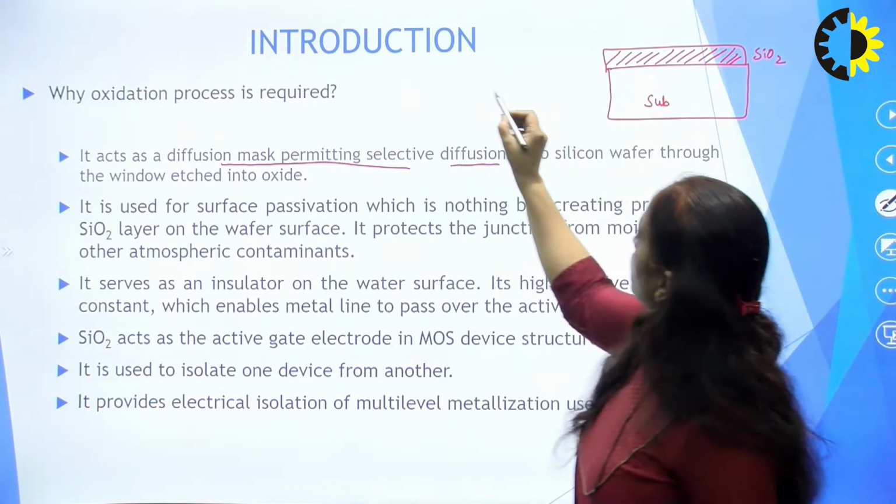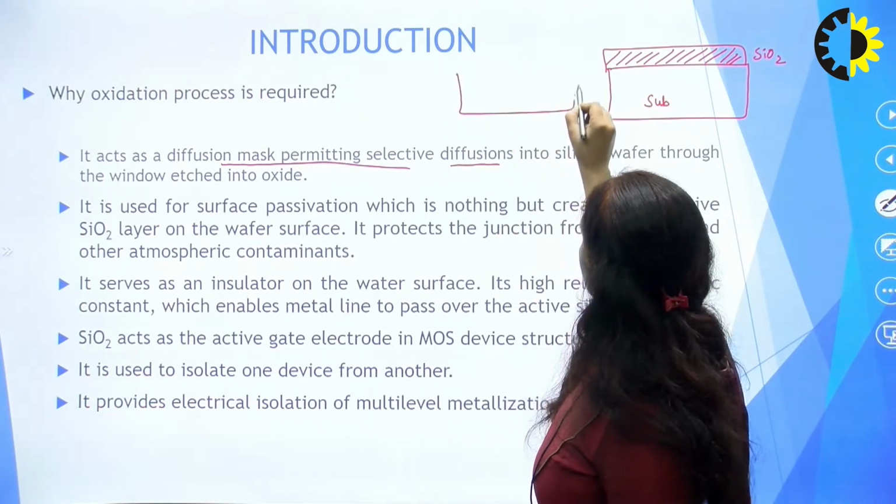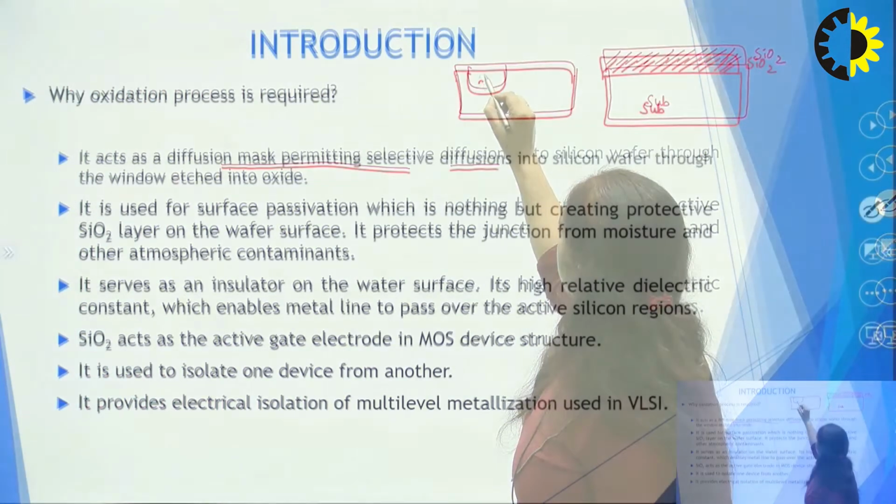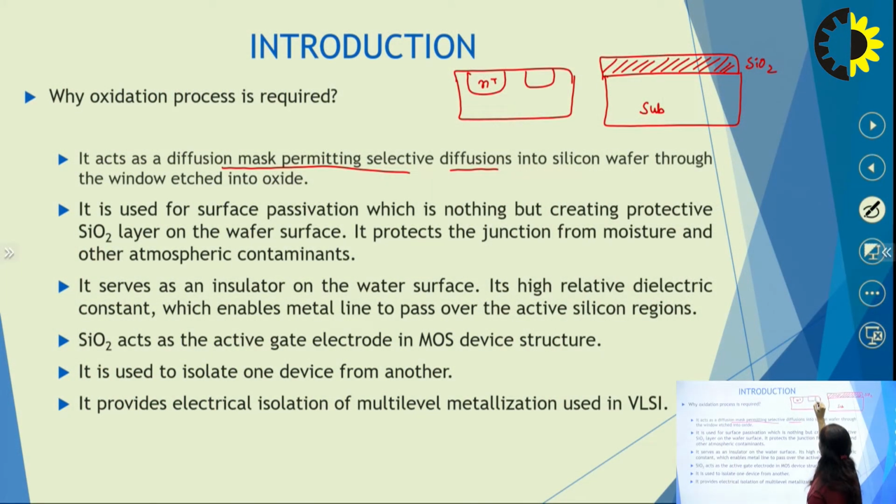If you need to fabricate the MOSFET, what is the actual structure? We have the N plus doping, and over this we have the oxide layer and then the gate material.